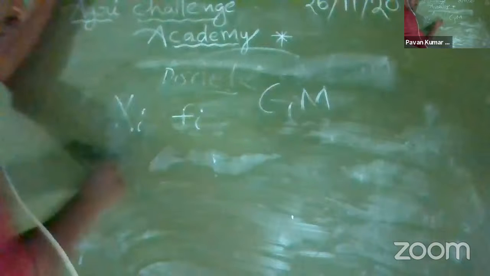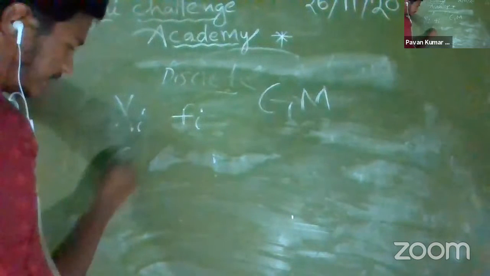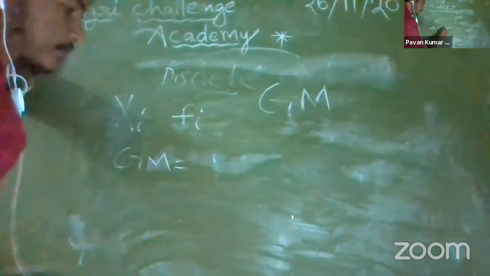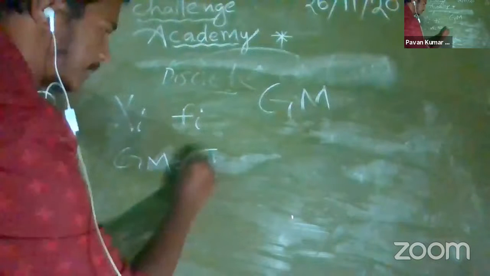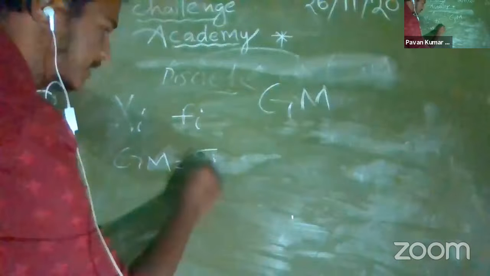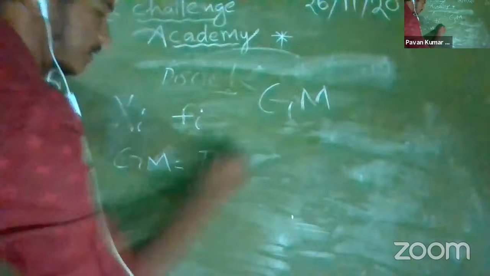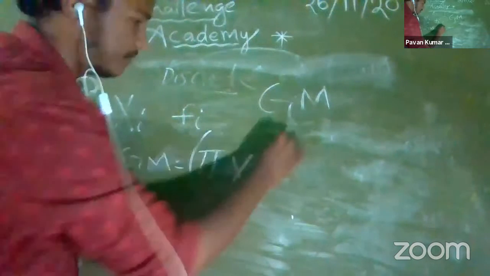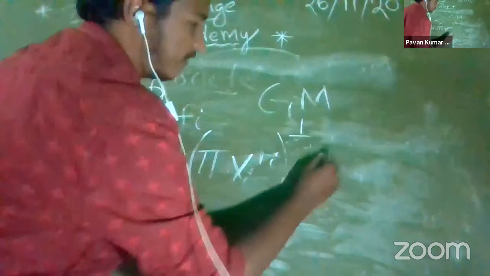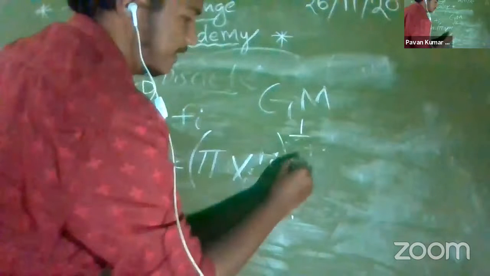The geometric mean formula is: geometric mean equals the product of xi whole raised to fi, whole to the power 1 by the summation of fi, i equals 1 to small n.